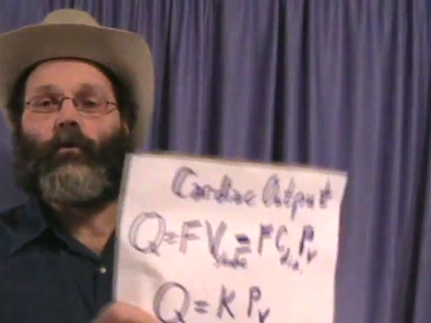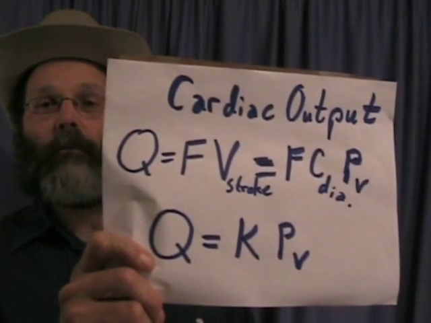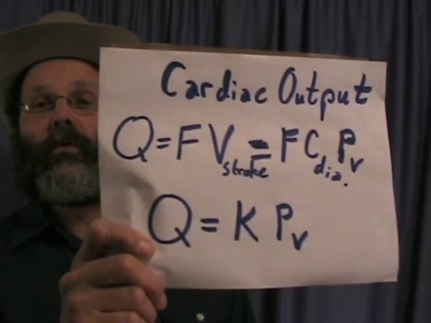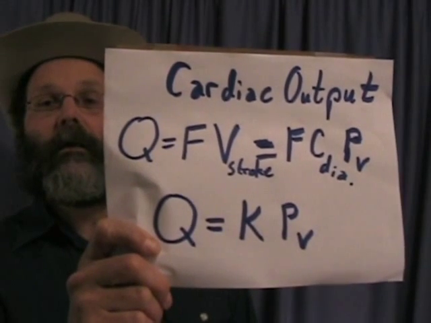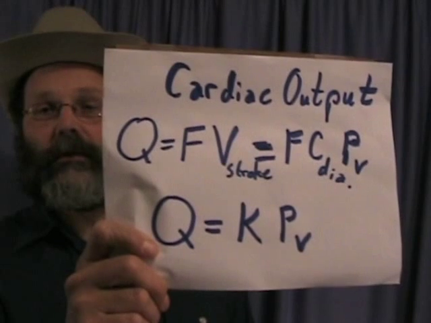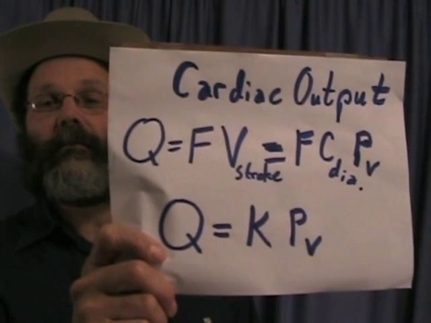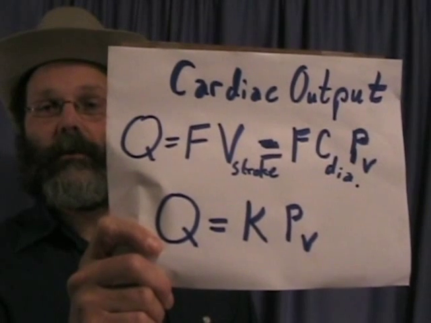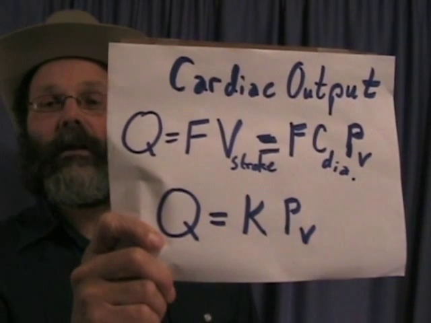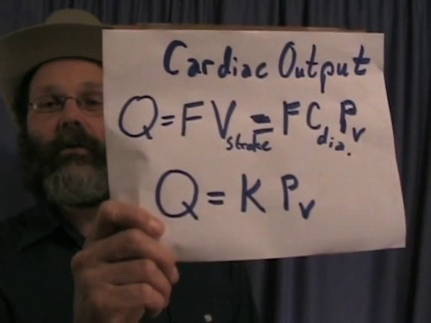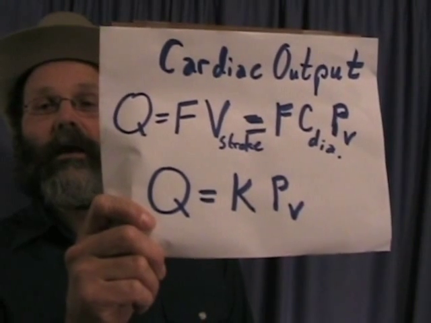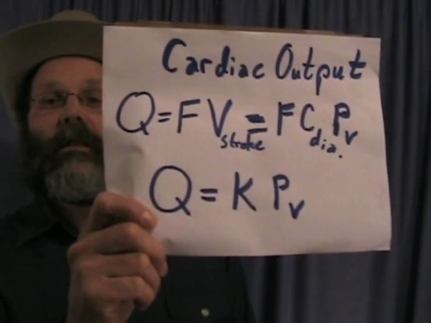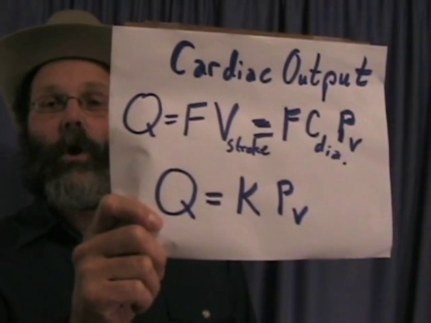So turn that into cardiac output. So Q, the flow, the cardiac output is the frequency, the heartbeat, times the stroke volume. So that all breaks down, so we get Q equal K times the pressure, the venous pressure, K being the pump coefficient.